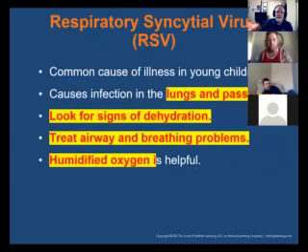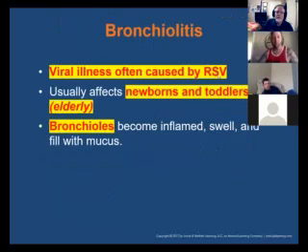It's an infection in the lungs and the airway passages. And quite often these patients are dehydrated because they don't have an appetite, and they're not thirsty. We treat that with humidified oxygen. Again, I made the same mistake somehow. All right.